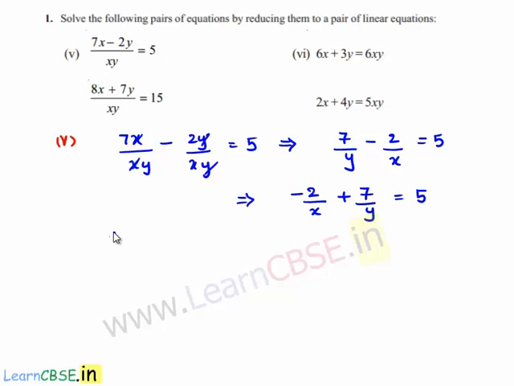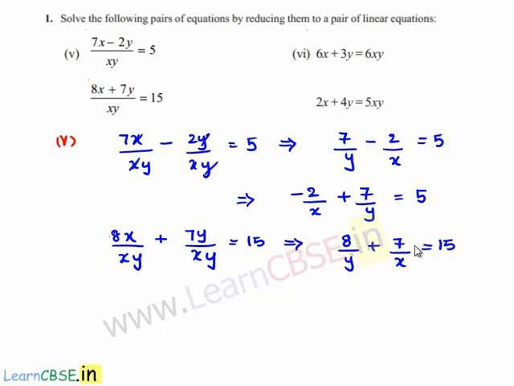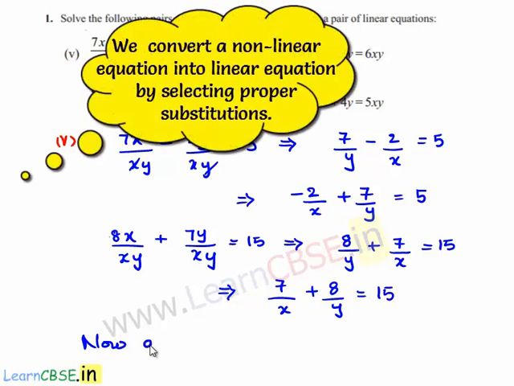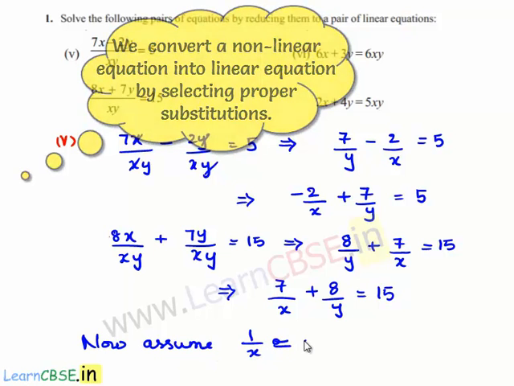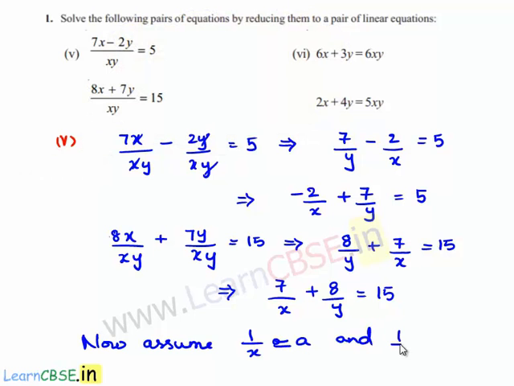And the second equation can be written as 8x by xy plus 7y by xy is equal to 15. This implies 8 by y plus 7 by x is equal to 15. On rearranging the terms, we get 7 by x plus 8 by y is equal to 15. So now assume 1 by x is equal to a and 1 by y is equal to b.